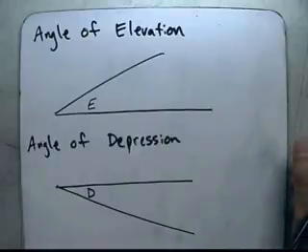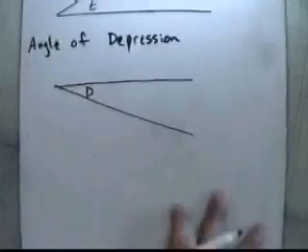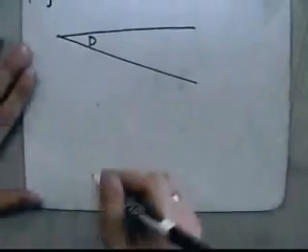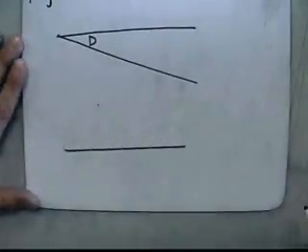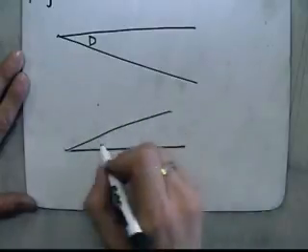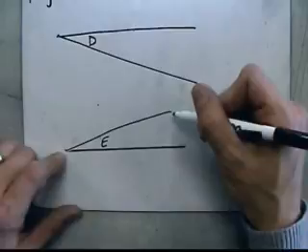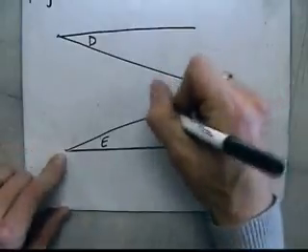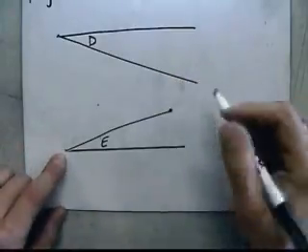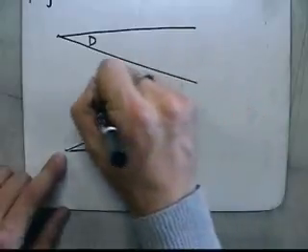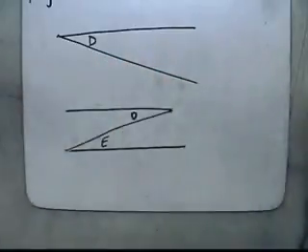Okay. Now, if I were to mix those two together, let's say I put those two on the same kind of shape right here. Let's say I got my line of sight right here, and I go up to my angle of elevation. That would be this angle right here. Now let's say I was looking up at something. We'll draw fun pictures in a second. And let's say I'm standing up on top of something and I do my line of sight like so, and my angle of depression is right there.